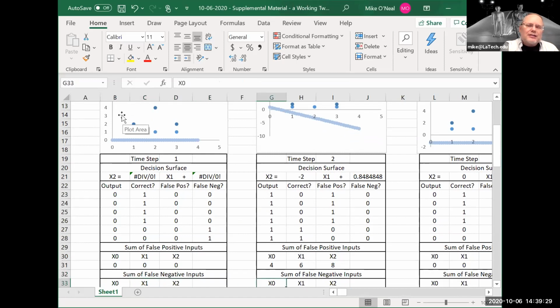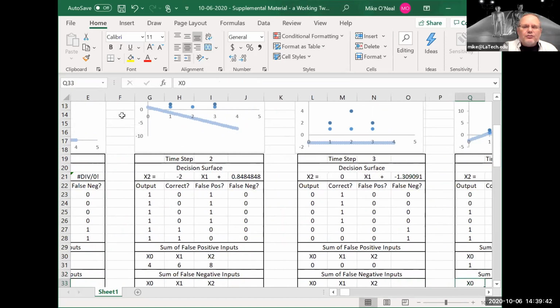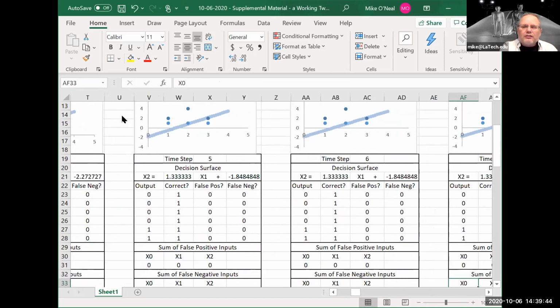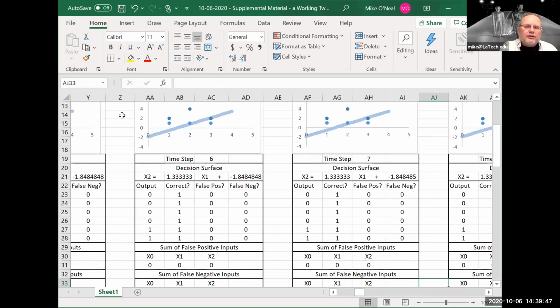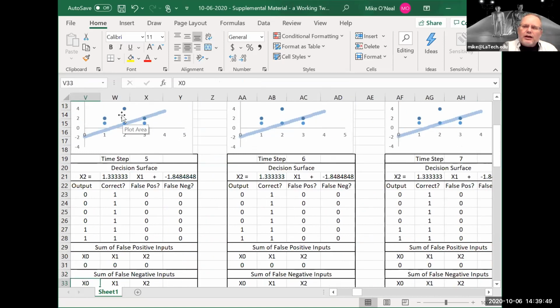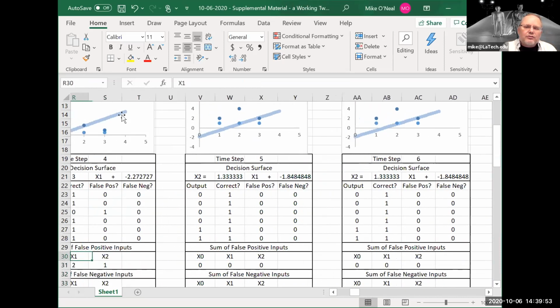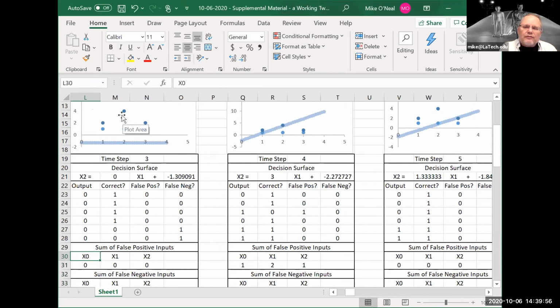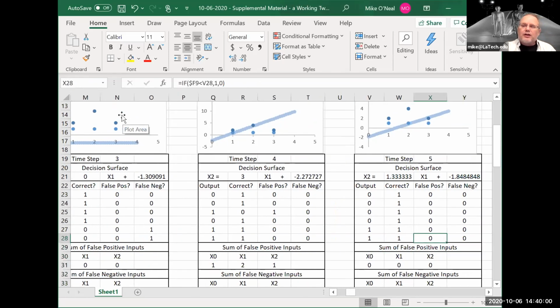Why? Because, yes, it's ignoring the X1 and the X2 on the very first pass, but then the decision surface changes and it's not ignoring them after that. And you can see that it's learning, right? It looks like here, after only 4 steps, everything is correctly classified.